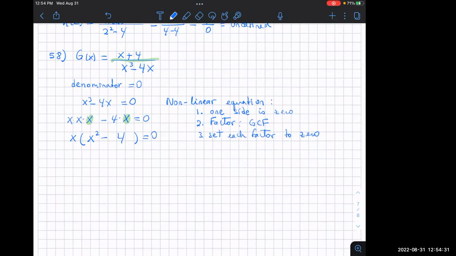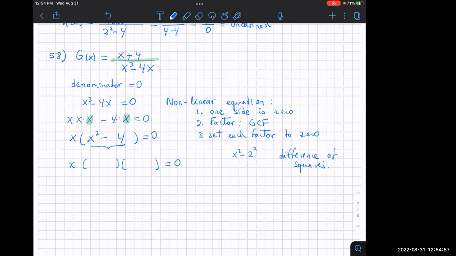Now you can take this further and say, well, x squared minus 4 can be factored. That's a special case. You have to think of this as x squared minus 2 squared, and that's called the difference of squares. Do we remember how to factor the difference of squares?